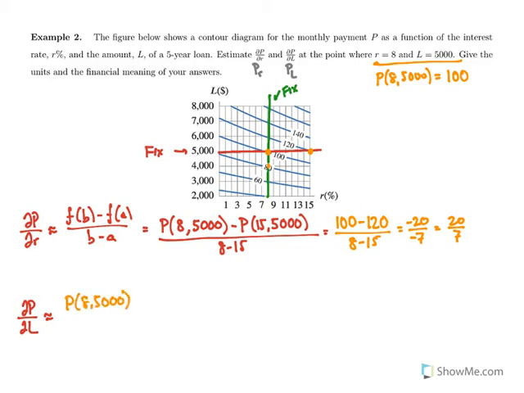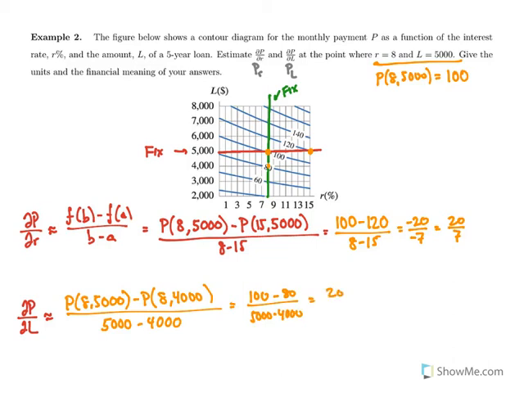That's one of our points we can use. Minus P of 8, 4,000. And again, this time we're looking at the L value, so that's going to be our inputs, 5,000 minus 4,000. And that's going to be 100 minus 80, because we're on this contour that corresponds to 80. Over 5,000 minus 4,000. 20 over 1,000, which is the same thing as 2 over 100, or 1/50th.